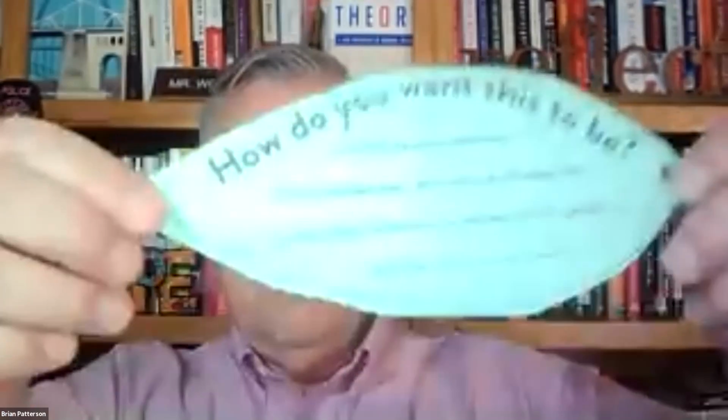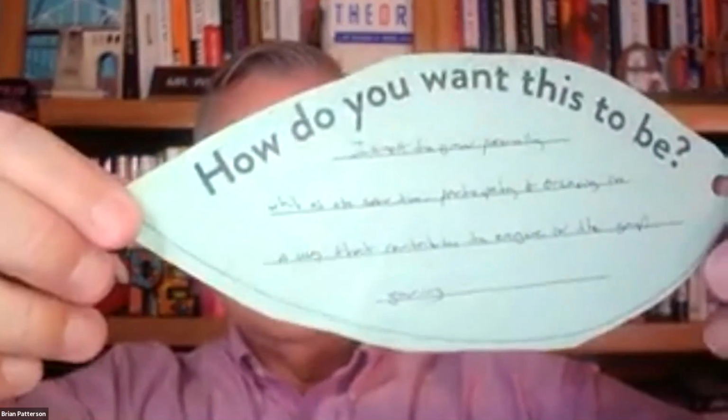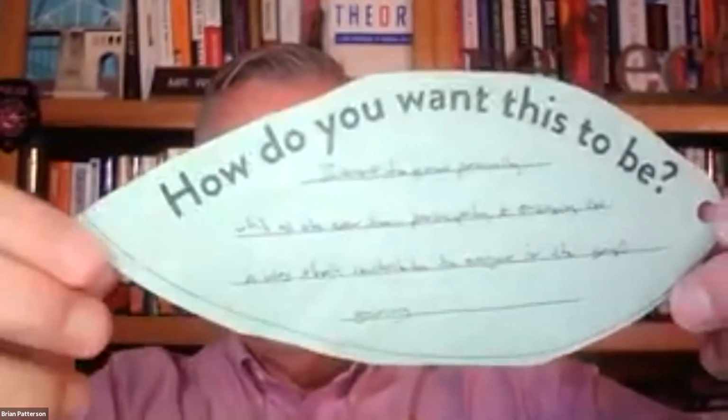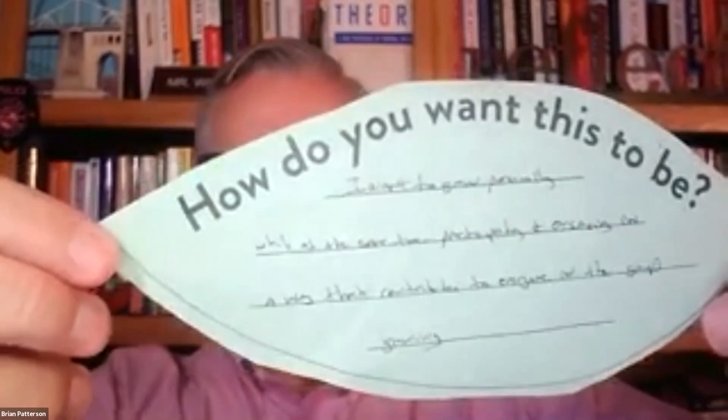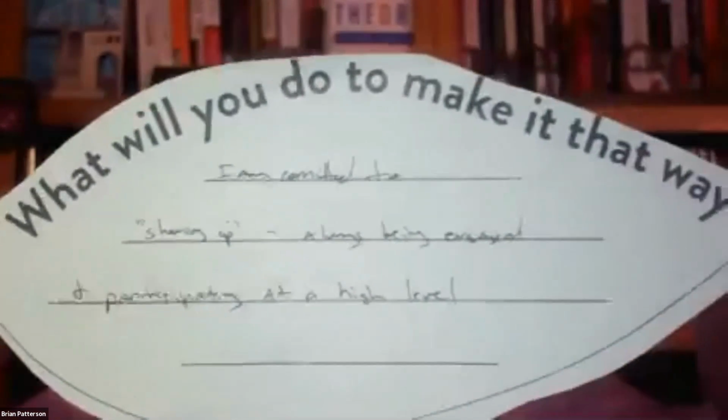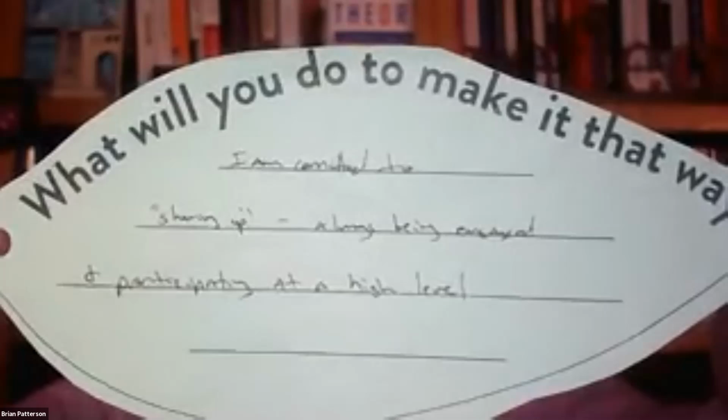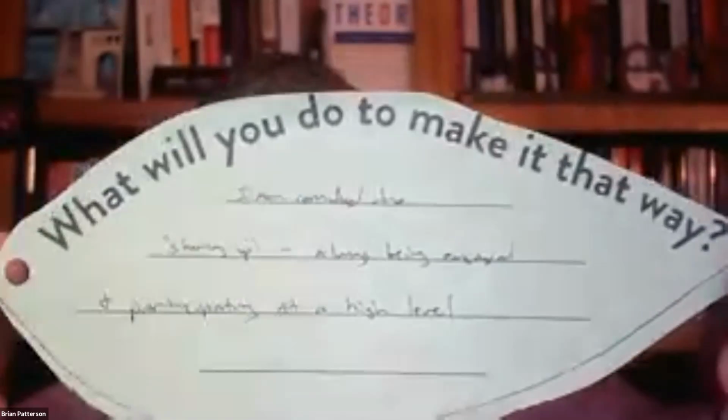When we're welcoming them into a learning environment, we're asking them what their goal is, what they are trying to accomplish. On that side of the leaf, they would write how they want this to be, and you can see that one of the participants wrote what their goals were for the time. On the other side, we put, what will you do to make it that way? So basically we're asking for their contribution.